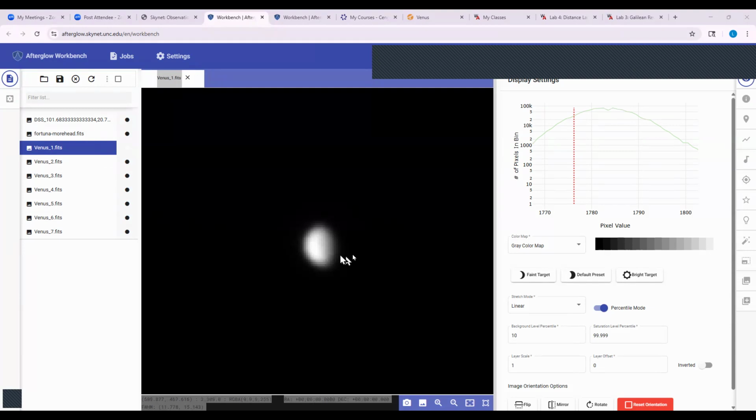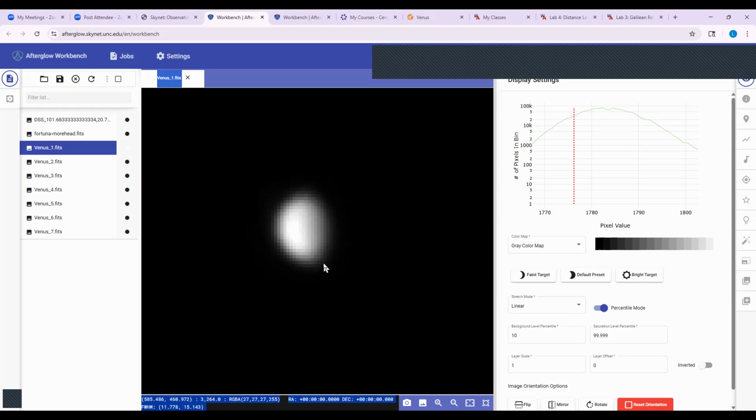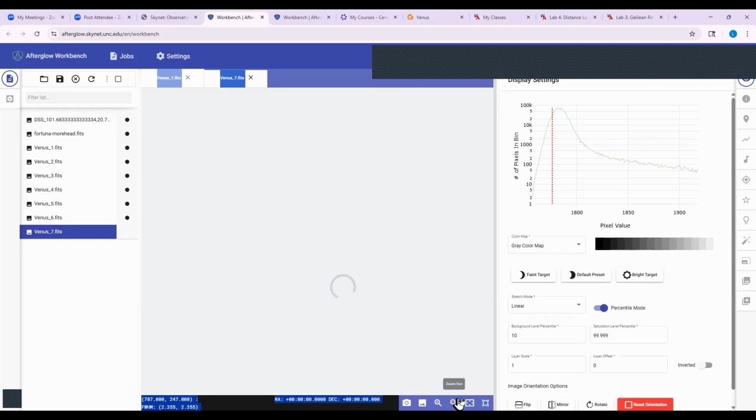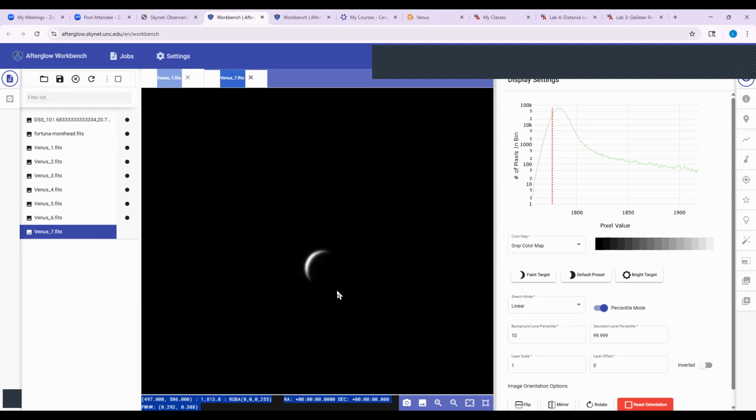The problem is you have to make sure you take pictures from different phases. For example, normally when you open this one, you just click on the bright object. As you see here, the crescent is a little bit large. If you click on the 7, you see it is a little bit more crescent-like.